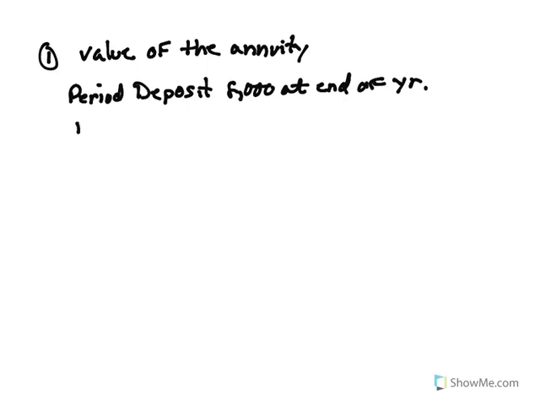And then the rate is going to be 4%, so we'll do 0.04. And then it's going to be compounded annually, so n has to be 1. And for 30 years, it's going to be t equals 30.